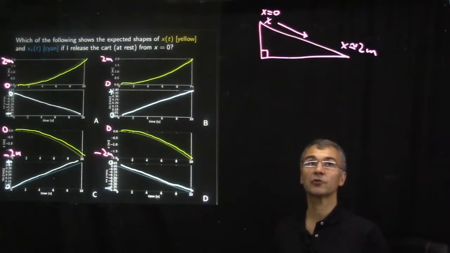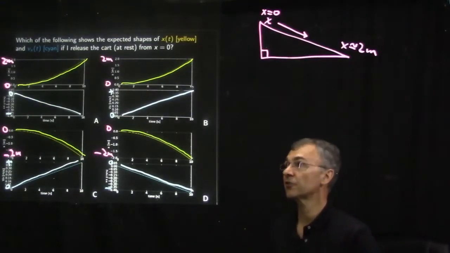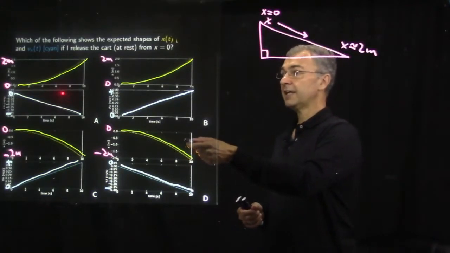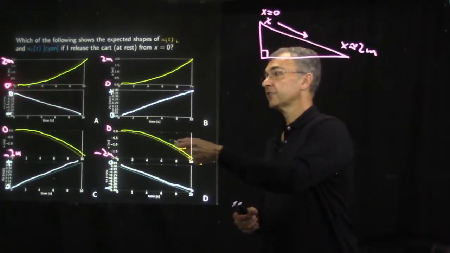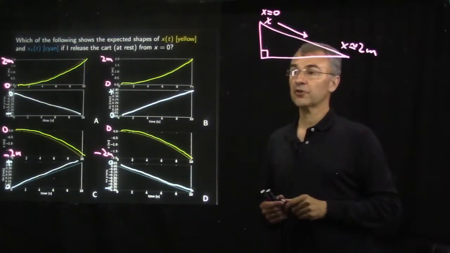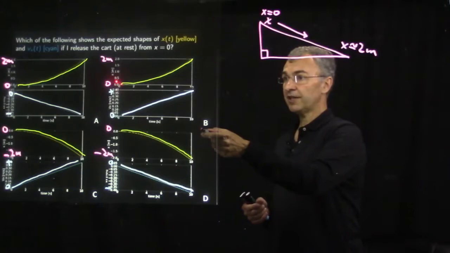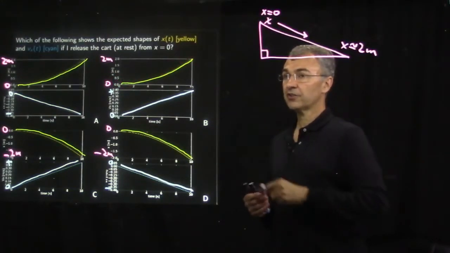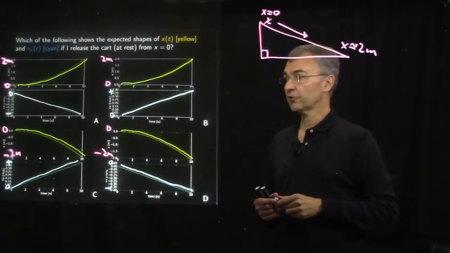Let's see if that's true in all these cases. So in graph A, x does start at 0 and x does end at 2 meters, so far so good. In B, x does start at 0 and x does end near 2 meters, so far so good.